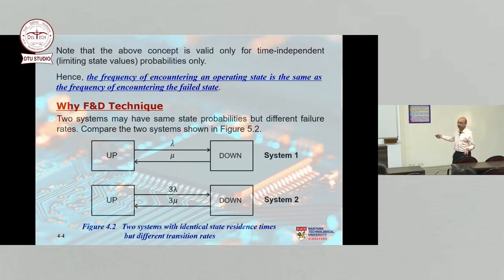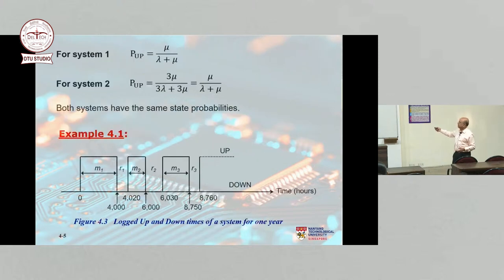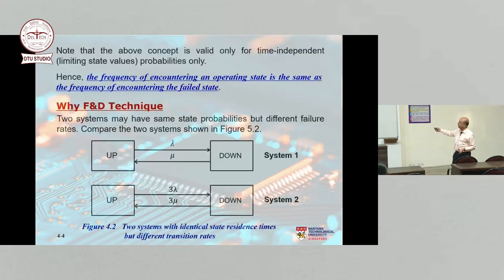So if you find the probability of being in this state, the probability is mu over lambda plus mu for the first system, and the probability of being in this state is the same as the probability of being in this. So sometimes the probability itself is not enough to describe the system. That's why we need more parameters, such as the frequency and duration. So that's the reason why we also want to learn about frequency and duration.